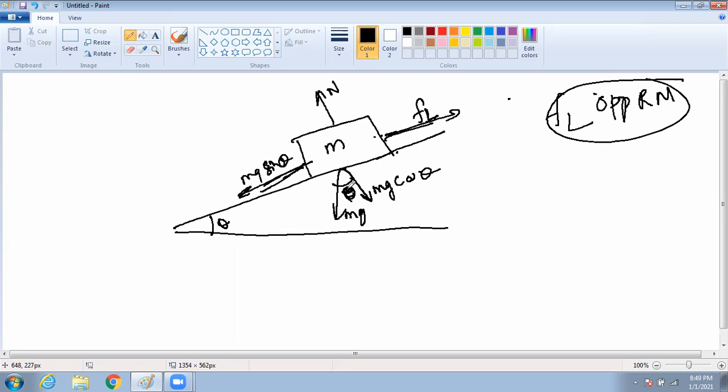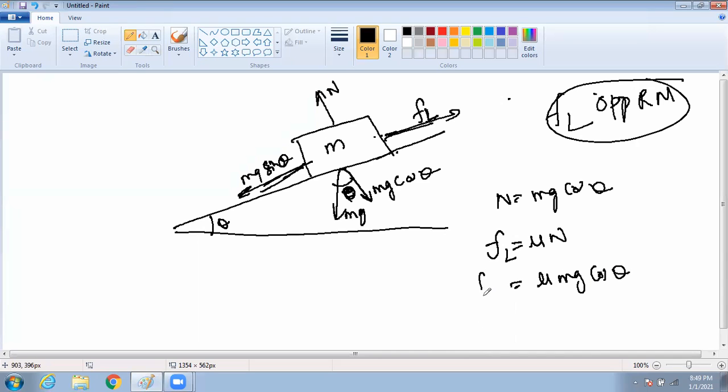So now your N, normal, is equal to mg cos theta. Yes or no? And your limiting friction F is equal to mu into N. So mu into mg cos theta, your FL. Yes or no?